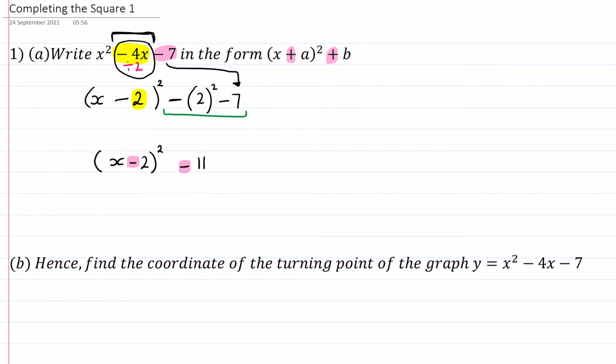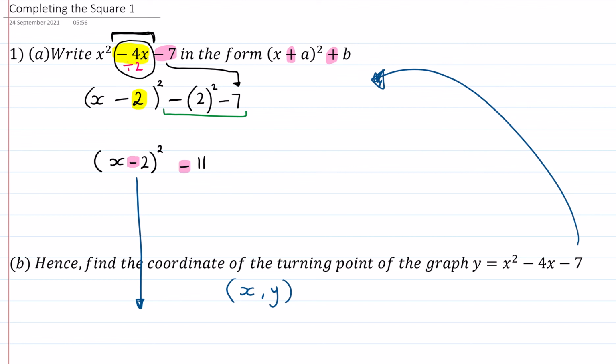Part b would say, hence find the coordinates of the turning point of the graph y equals x squared minus 4x minus 7. Well, this is the same graph. We've just completed the square. When you complete the square, it tells you what the coordinates of the turning point are. Every coordinate has an x and a y. The x coordinate of the turning point is 2.